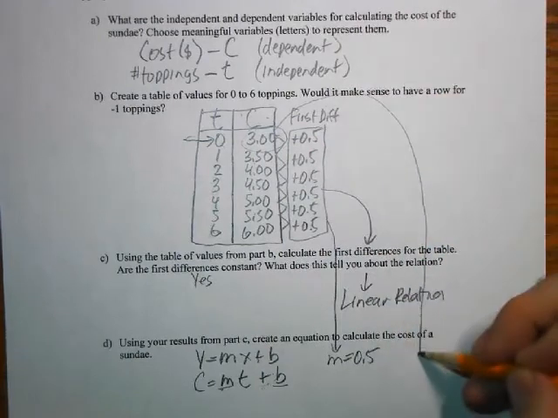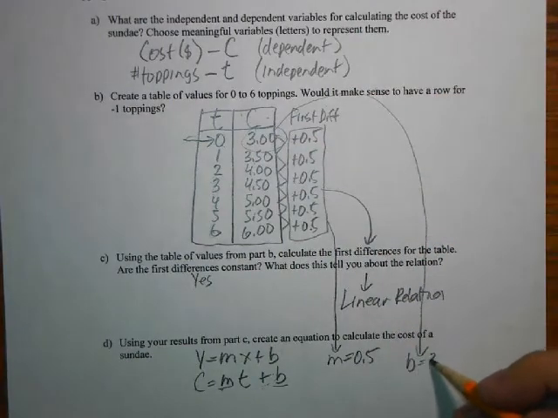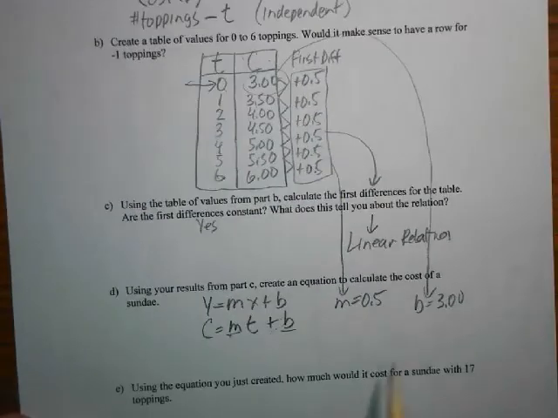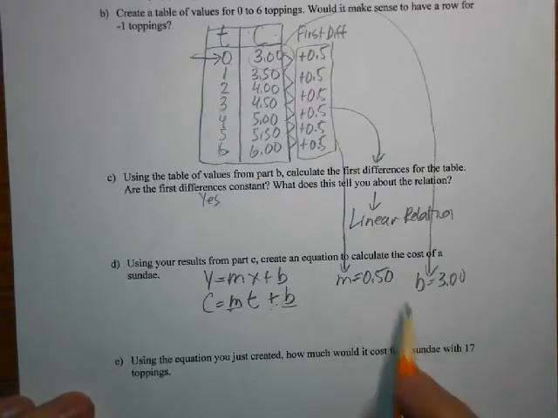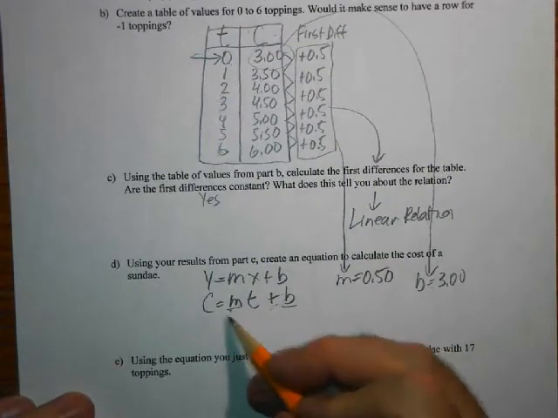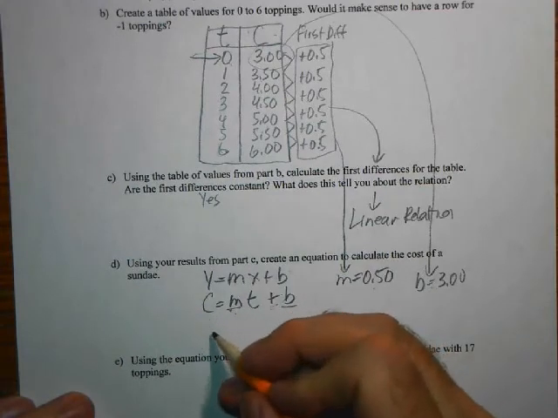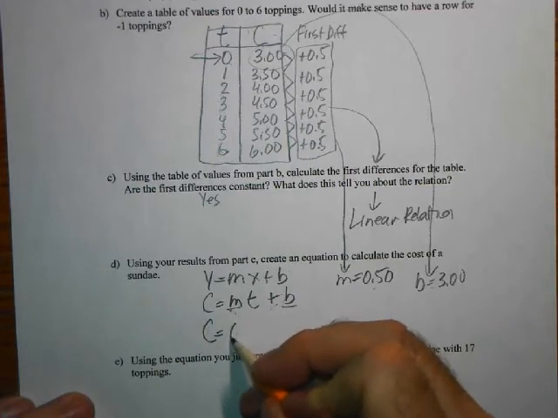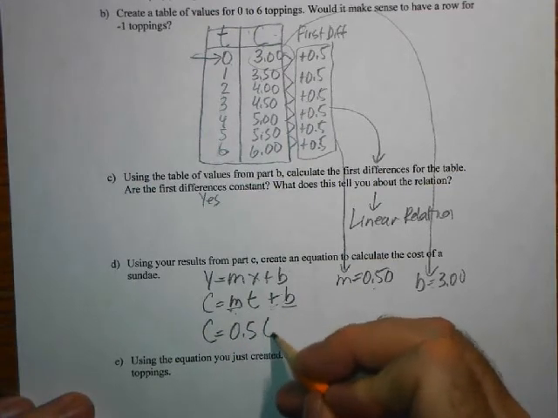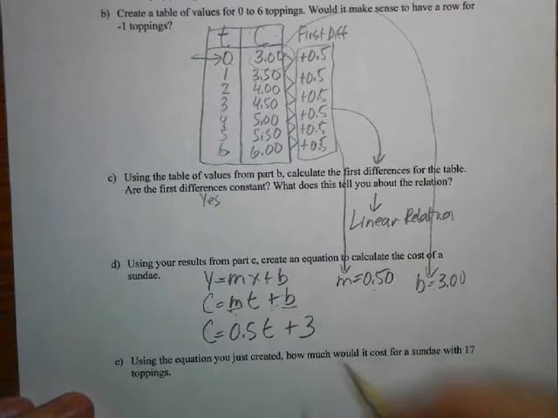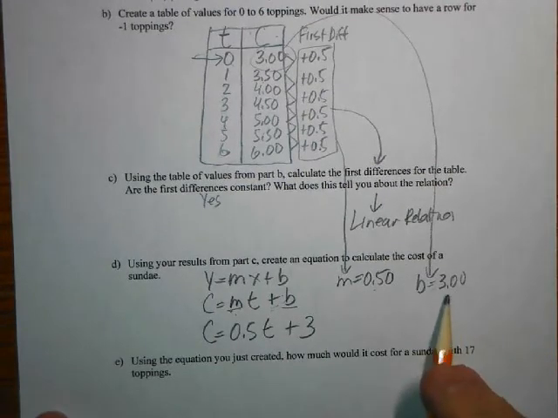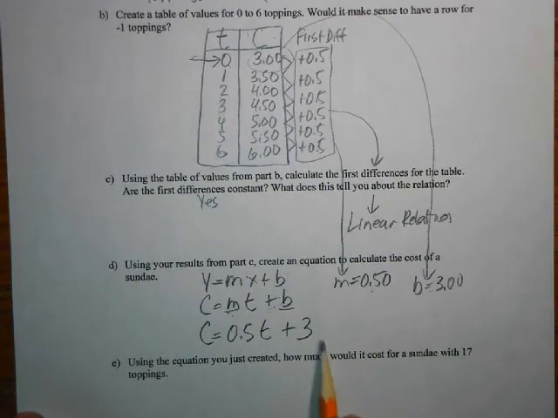So b is equal to $3. I don't really have to put decimals there, but I'm thinking more in terms of dollars, the cost. So now that I know these two values, I can replace m with 0.50 and b with 3. So c is equal to 0.5t plus 3. Okay. By putting the zeros there, it's not going to change the answer. So I'm just going to leave it like that.